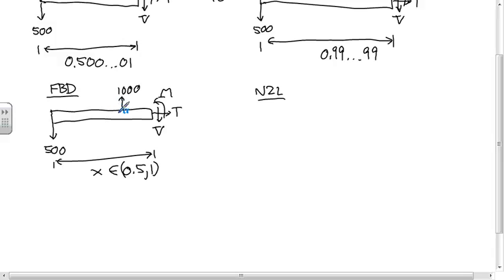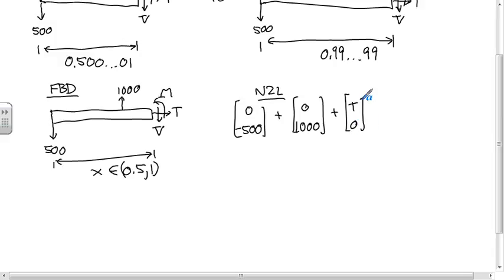If you're comfortable doing that, do that. Newton's second law says 0, negative 500 plus 0, 1000 plus T, 0 plus 0, negative V is equal to zeros. And so the tension is equal to 0 still.